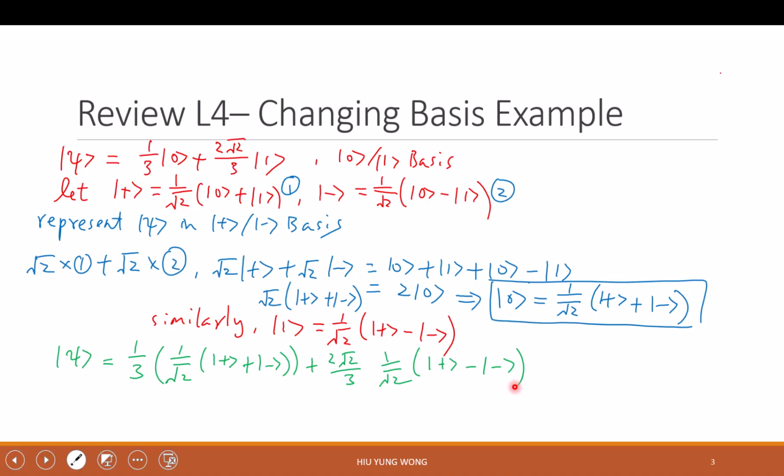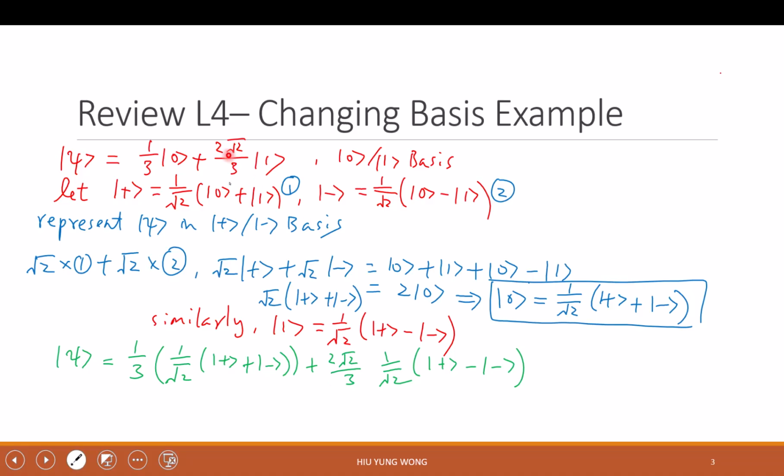Very confusing, but that is how it works. Psi equals 1 over 3 amount of 0 state plus 2 square root 2 over 3 amount of 1 state. I just copy this 1 over 3. But what is 0? We already said 0 equals 1 over square root 2 plus minus. I just plug in this 0 to here.